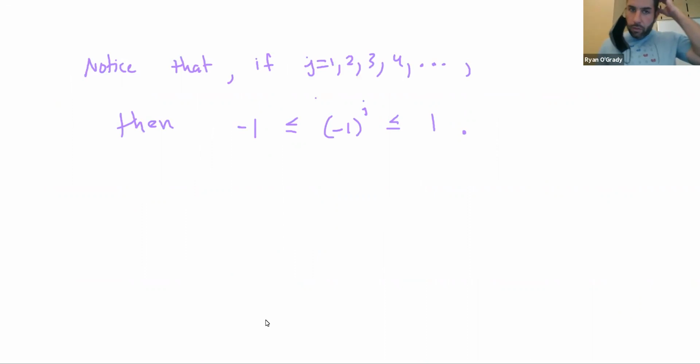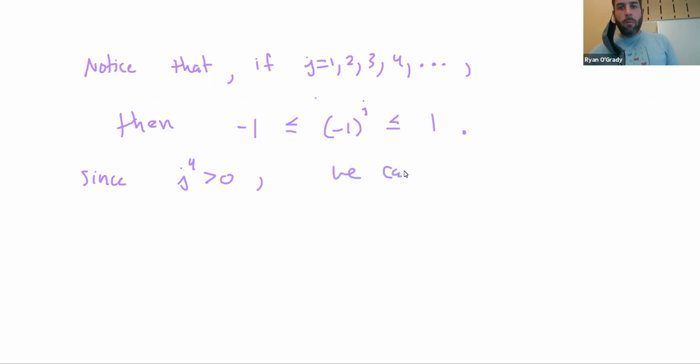So this is true for any j, this inequality. -1 to any integer power is either 1 or -1. So since j to the 4th is always positive, we can divide each piece, and the inequalities are the same.